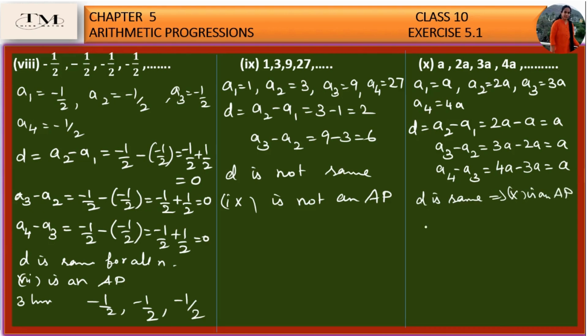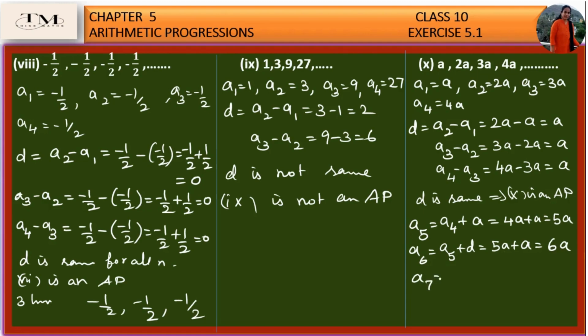So if it is an AP, we have to find the next three terms. A5, which is A4 plus A. What is A4? A4 is 4A. So 4A plus A is 5A. A6 is A5 plus D. What is A5? It is 5A and D is A. So 5A plus 1A, 5 plus 1 is 6, 6A.